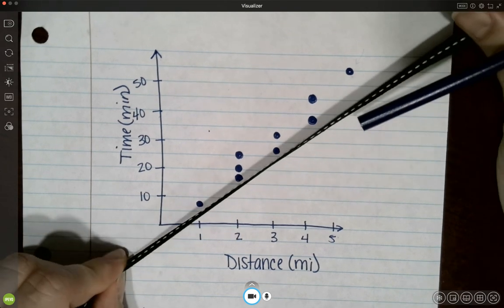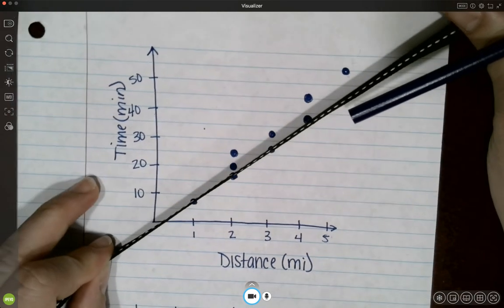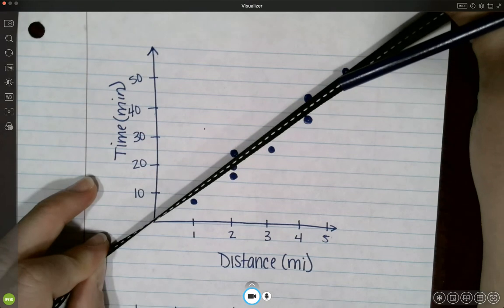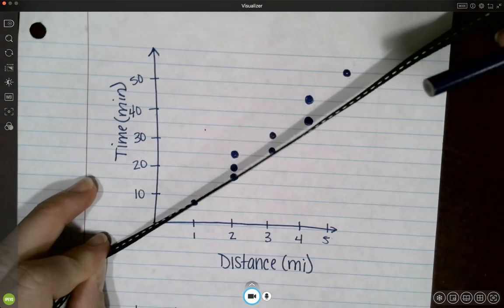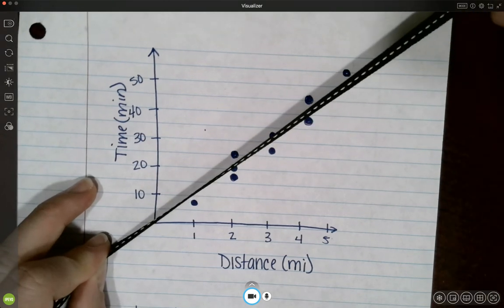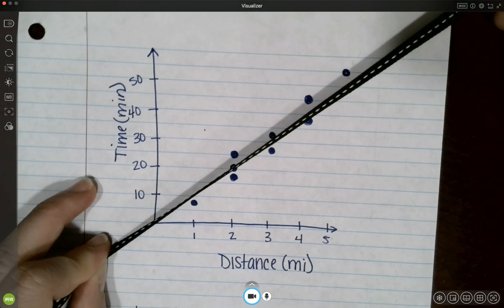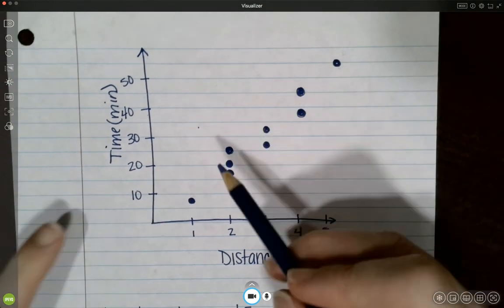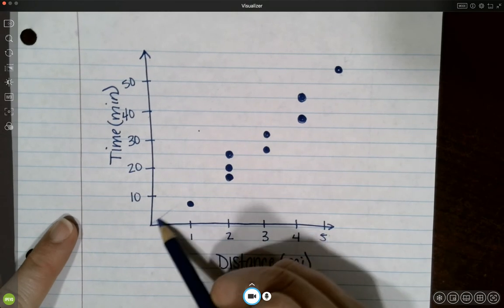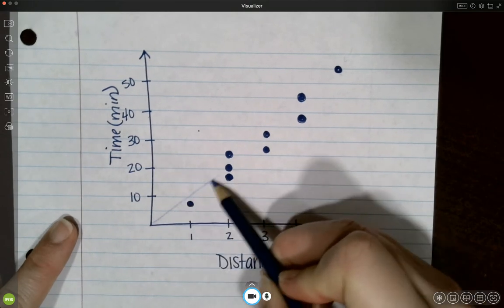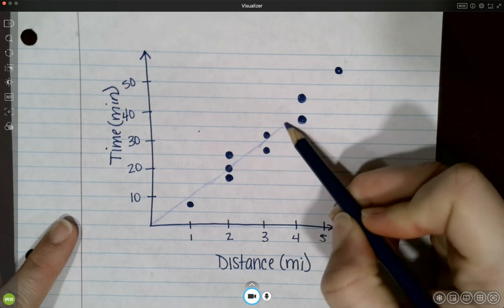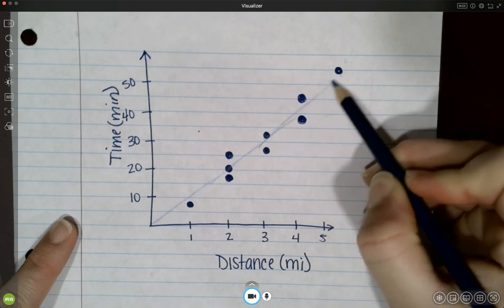I'm going to turn it so it's this direction. All right, so again, I want to go through the bulk of my data, so I'm thinking this spot kind of looks good. All right, same amount of dots above and below, and I'm going through that other dot. All right, so I'm going to start here. I'm going to kind of put my trend going through this data.